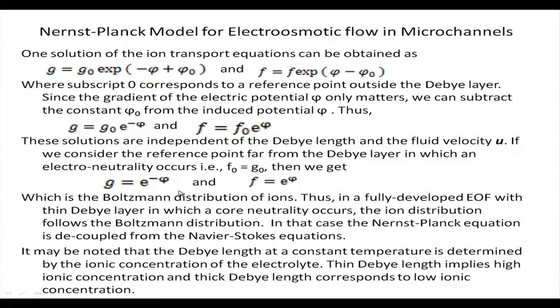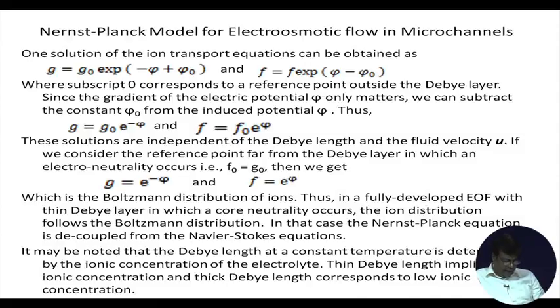So for this fully developed case, what we can say is the convective transport has no effect if core neutrality is established. So the Debye length, of course, here we always mention high Debye length, thick Debye length, thin Debye length.